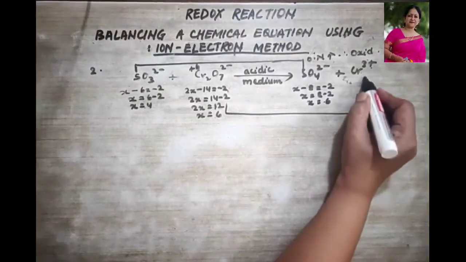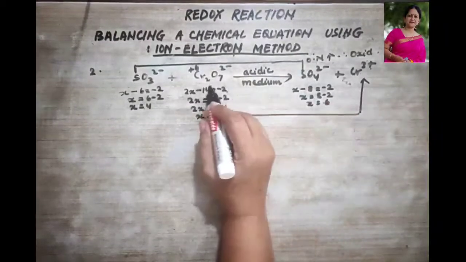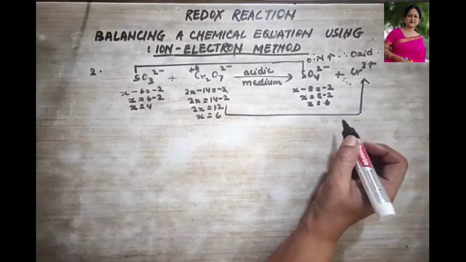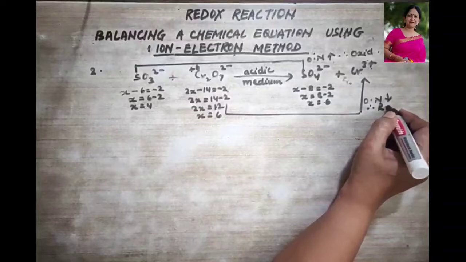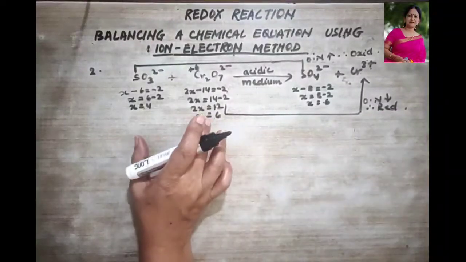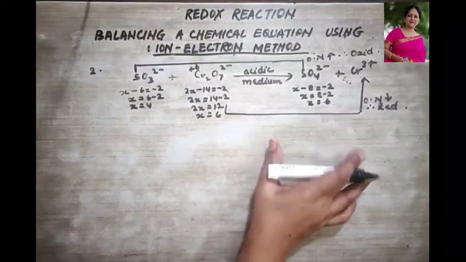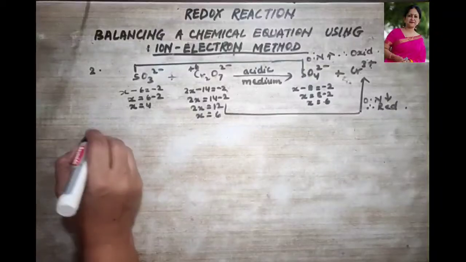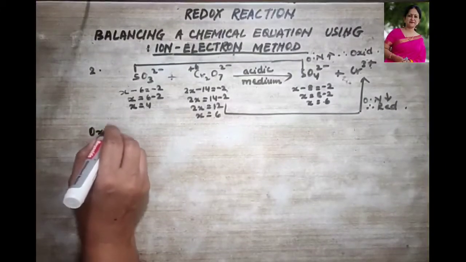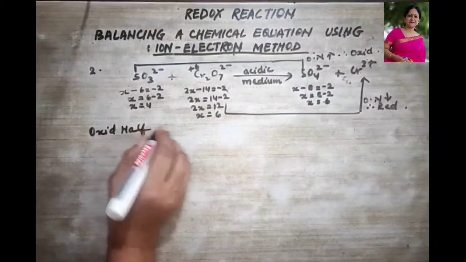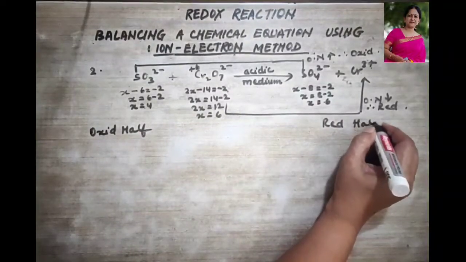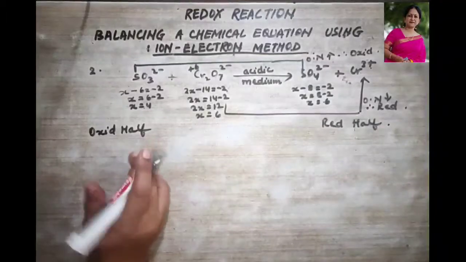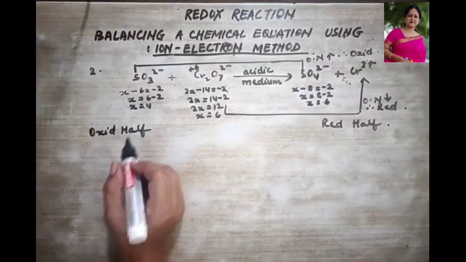From here to this chromium, the oxidation state has decreased. Oxidation number decreased. Therefore, it shows reduction. So we have got the oxidation half and the reduction half. So let us write down the oxidation half over here and the reduction half reaction this side. So oxidation one is which one?